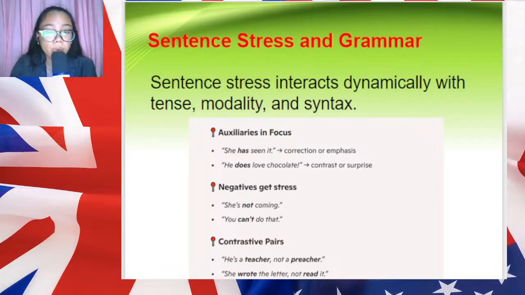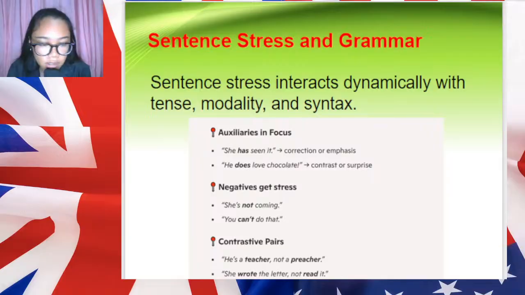So we use "does" to insist. We stress the auxiliary, which says that this particular thing matters right now. So grammar opens the door, voice makes the moment. That's contrast or surprise. That's for auxiliaries in focus.